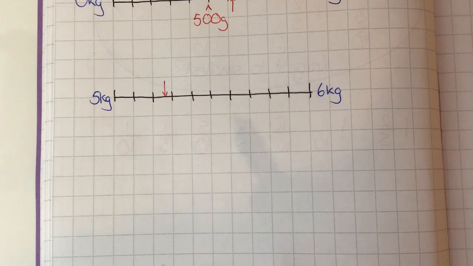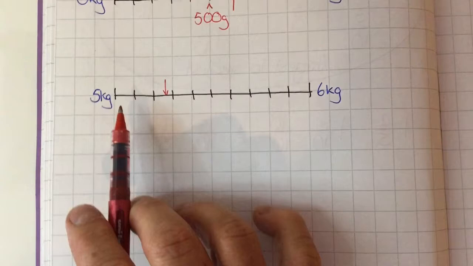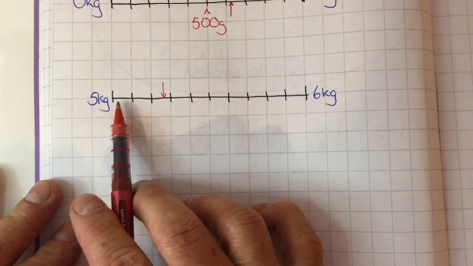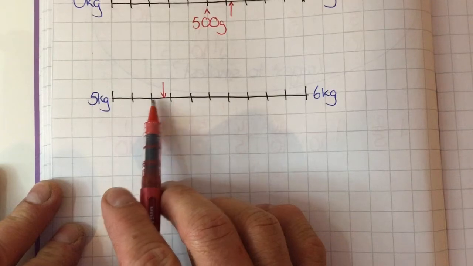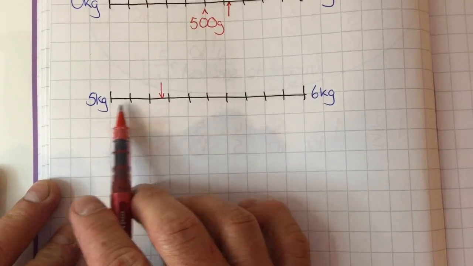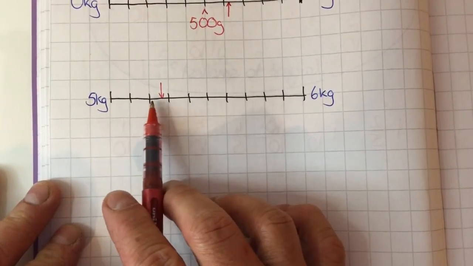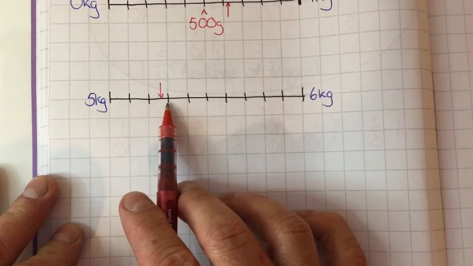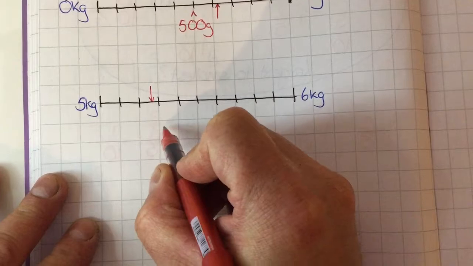If you count, you can tell that each one of these little increments or marks is 100. So you've got 100, 200, 300. Now it's closer to the 300 than the 200. So you could say that this is 5 kilograms and 300 grams to estimate.